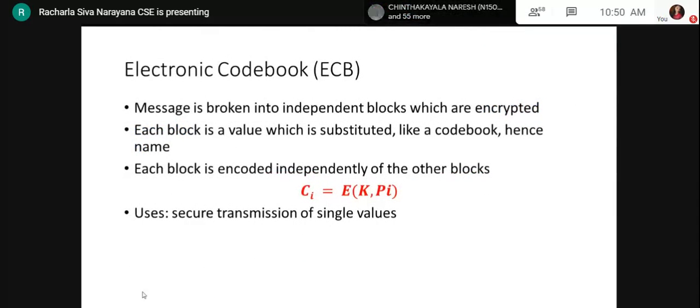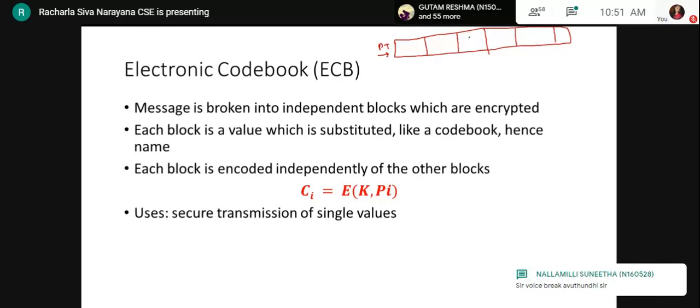So the first one is electronic codebook. Here in electronic codebook, initially we take the plain text message. This message is broken into independent blocks which are encrypted, and each block length is b bits.